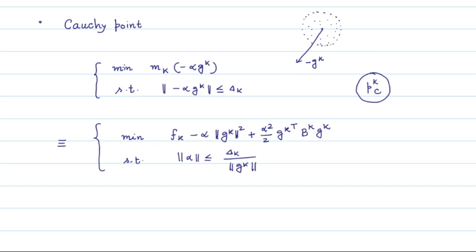We are assuming here norm of gk is non-zero. We are assuming that the point xk is not a stationary point of the objective function.